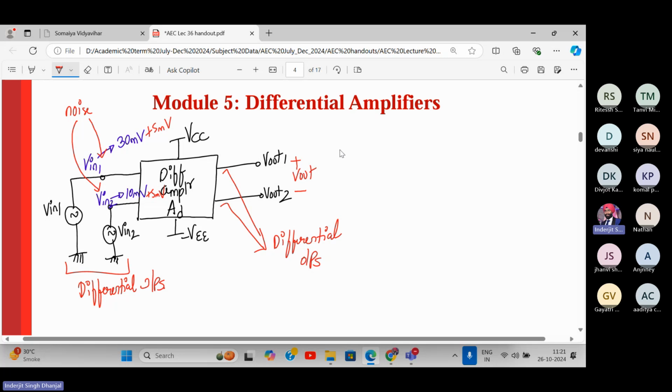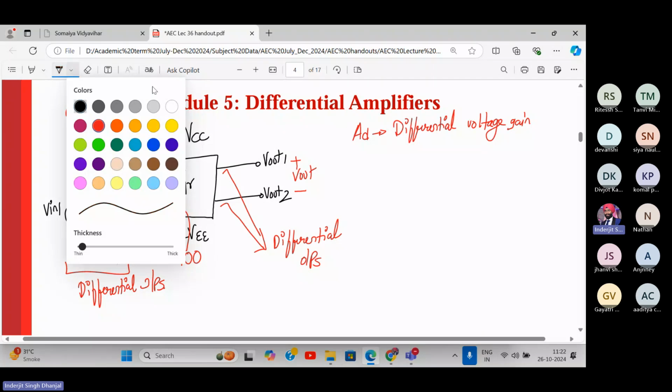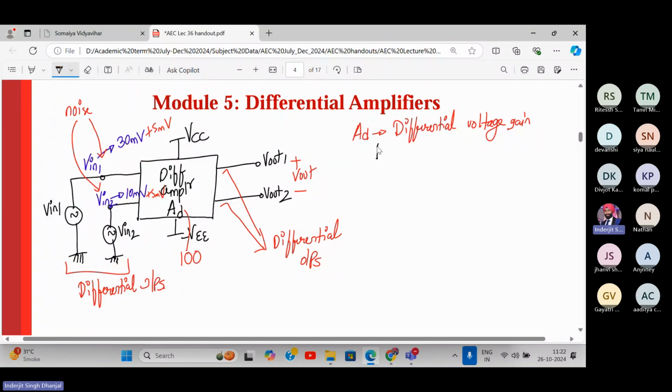Now let's say the differential gain AD is 100. We can call it the differential voltage gain. What is the ability of a differential amplifier? It amplifies the difference between the two input signals. So V out is equal to gain times the difference between the two signals, V in 1 minus V in 2.